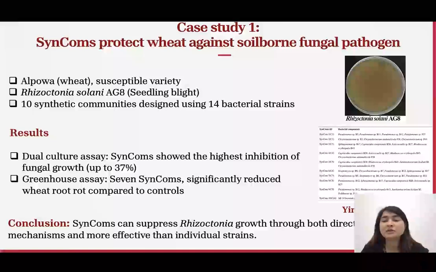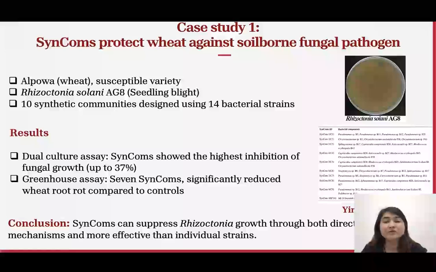The community composition is based on the following criteria: different strains of the same genus, relatively strong antifungal activity in single strain tests, random combinations, and a combination of all 14. That is mentioned in the table here. They performed dual culture in the lab and greenhouse experiments. In dual culture, 4 out of 10 SynComs reduced Rhizoctonia solani, showing the highest inhibition of 37%.